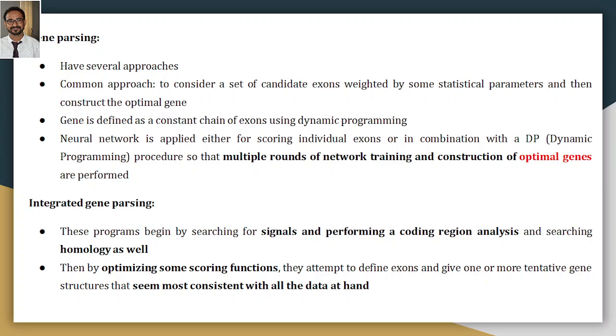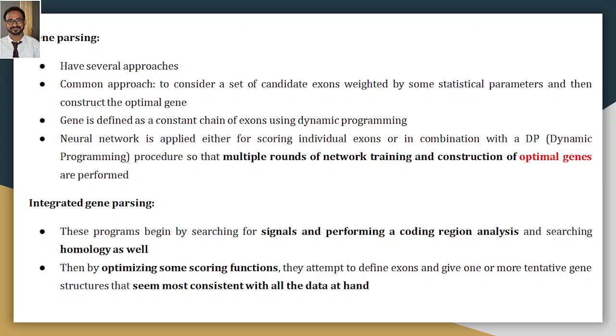Now integrated gene parsing is nothing but this: the programs we have been using begin by searching for signals and performing coding region analysis. Then they go for homology as well, and once they have all the information, they get optimized results, or you can say optimizing some scoring functions. Then they attempt to define exons, and finally they give one or two tentative gene structures that seem most consistent with all the data you have in your hand.